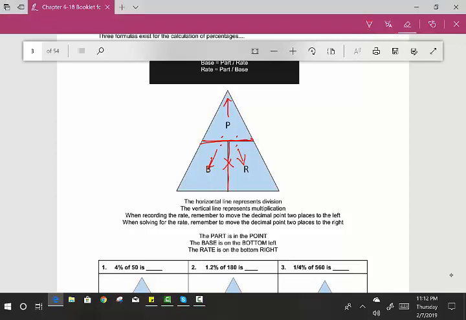Okay, if I'm solving for the rate, I cover up the rate, and that means it's part divided by base. Those are the 3 calculations that we will use in this particular section. Okay, and then there's a summary immediately below that.